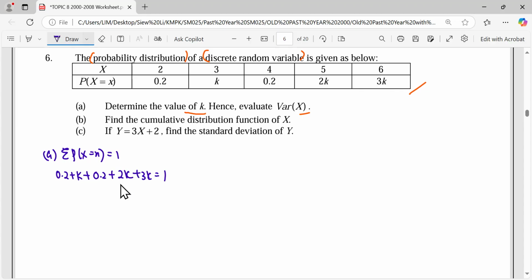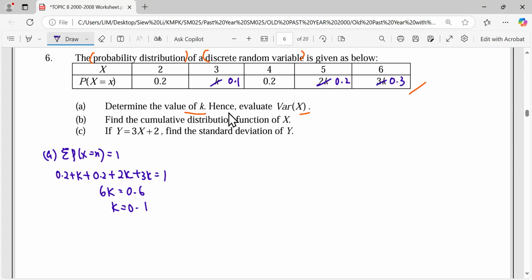So we have 6k equals 0.6, so k will be equal to 0.1. Once we have our value of k, we can evaluate this. Our value of k here is 0.1. This is 0.2. This is 0.3.